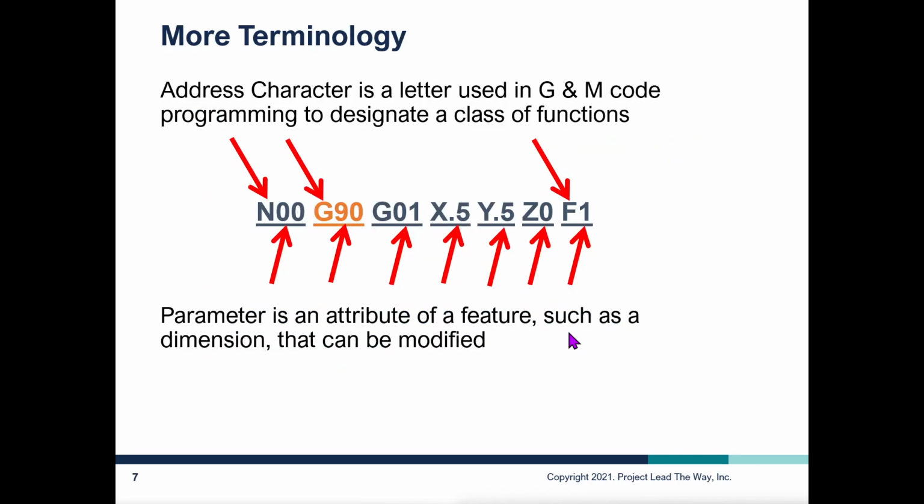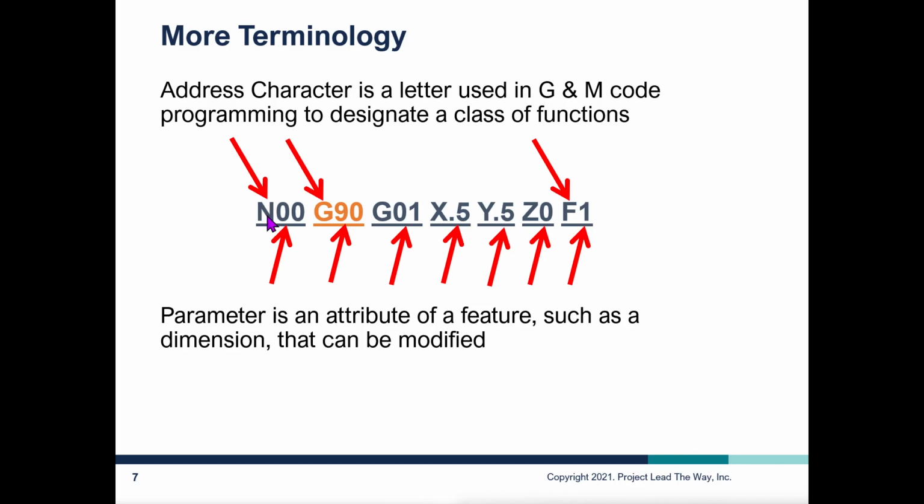All right, a little bit more terminology here. The address characters are the N, the G, and the F. The G is used in G&M code programming to designate a class of functions.